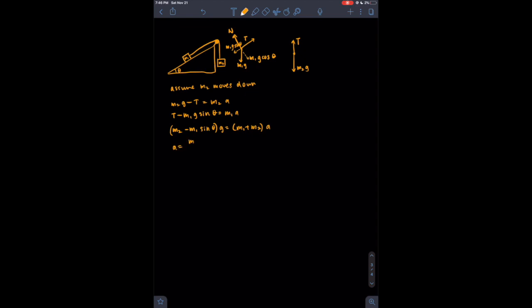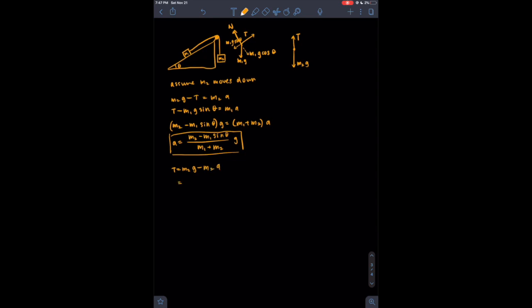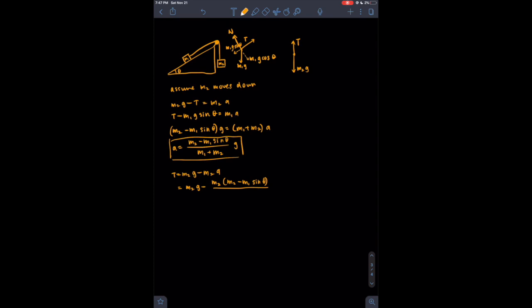Then adding these two equations, we can solve for a again, and then we can plug it back in and solve for T. So T is m1g minus m2a, which is m2g minus m2 times (m2 minus m1 sine theta) over (m1 plus m2) times g.